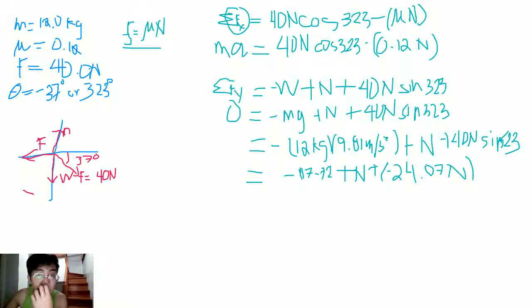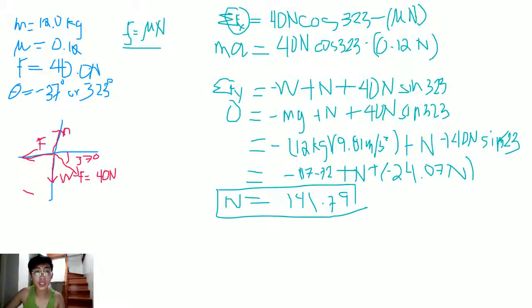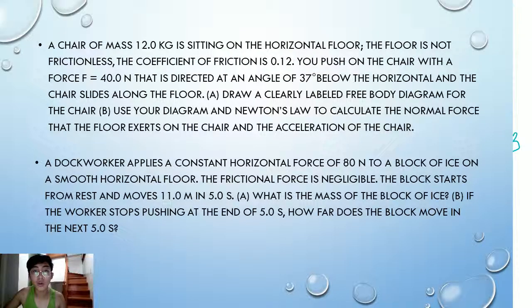So ngayon, dahil alam na natin yung mga value na ito, we can solve for n, and that would be transferring yung ating negative 117.72 sa kabila and 24.07. So ang ating magiging sagot ay 117.72 plus 24.07. That would be 141.79. Ngayon, meron na tayong normal force. So, na-solve na natin si normal force na kaninang tinatanong sa ating problem.